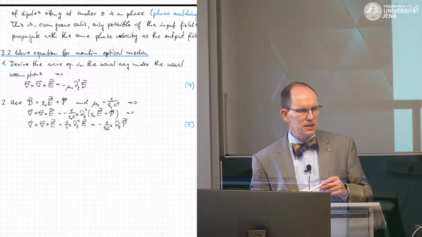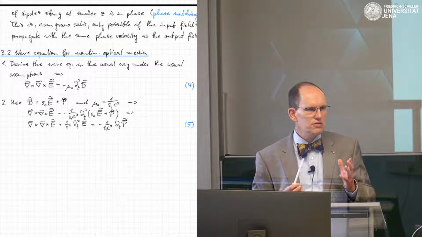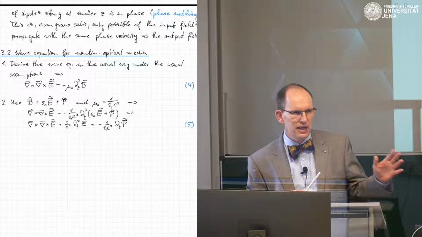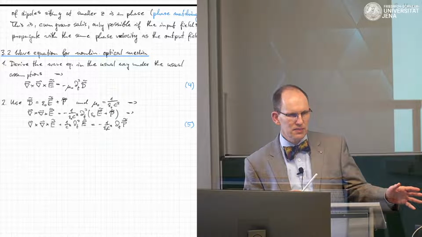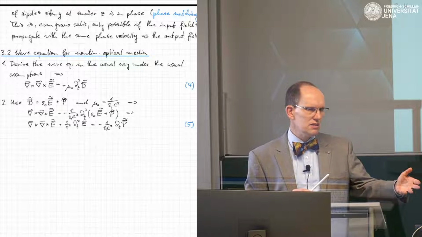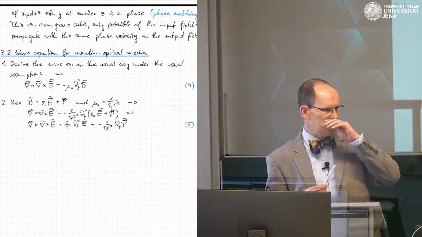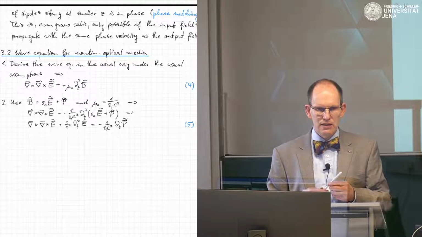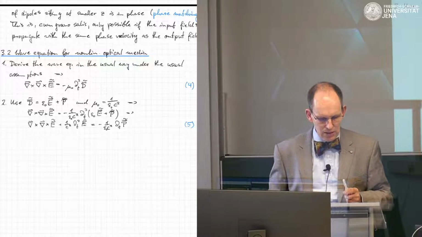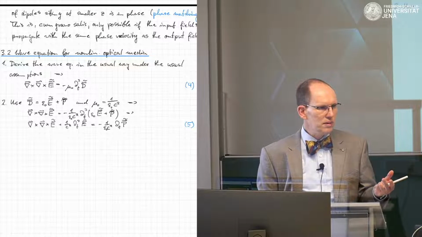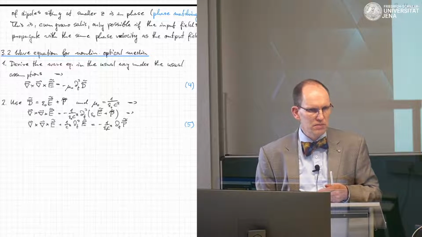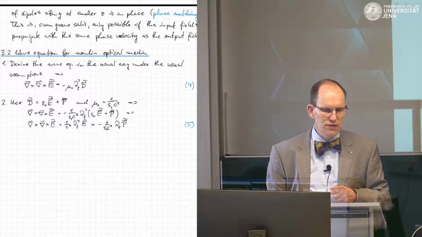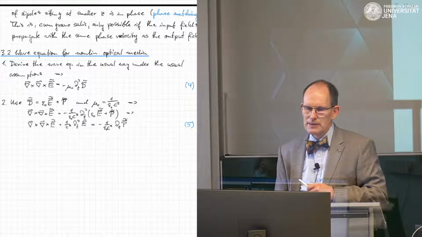And in linear optics, this is fairly simple to argue, because what you say, at least for isotropic media, and this is the case in most parts of optics, isn't it? So if you have glass or something, this is always the case. So if you have isotropic media, then it's fairly simple to show that the gradient of the divergence of the E field is equal to 0.